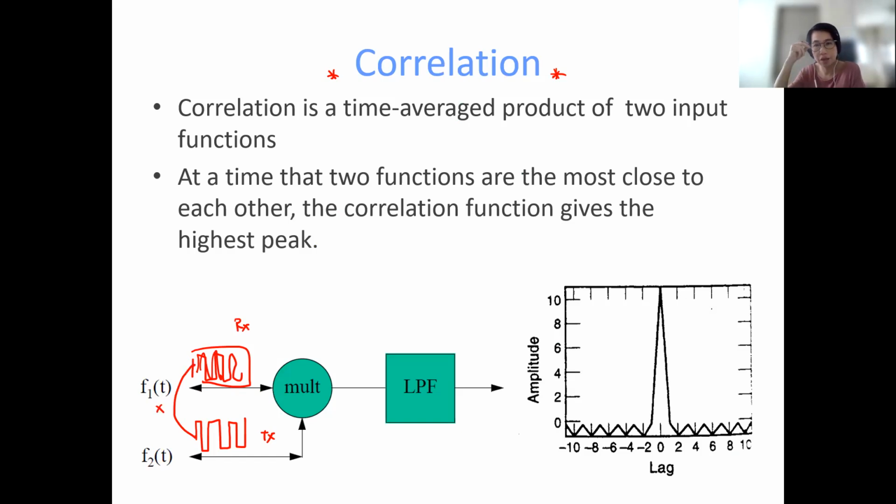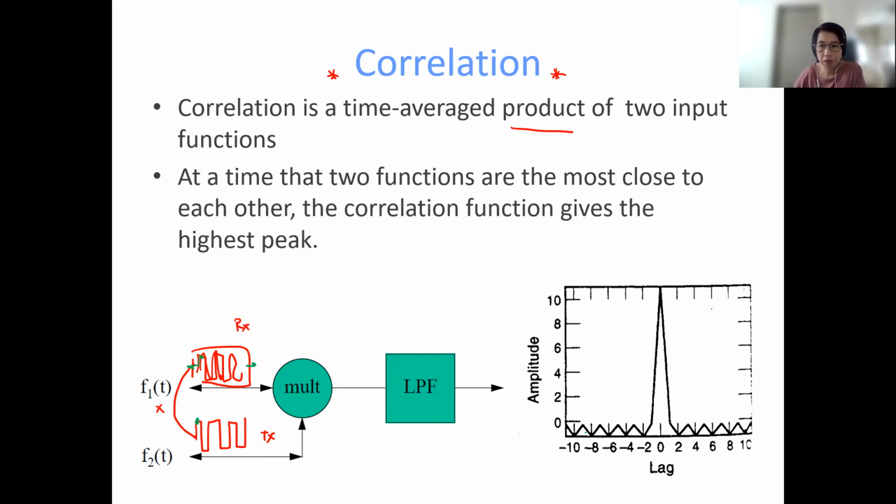You understand the inner product, right? You do the inner product between two functions, and if they are very similar to each other, you can shift a bit, and if you check that these two are very similar, then when you multiply these two together, it will become the highest peak.